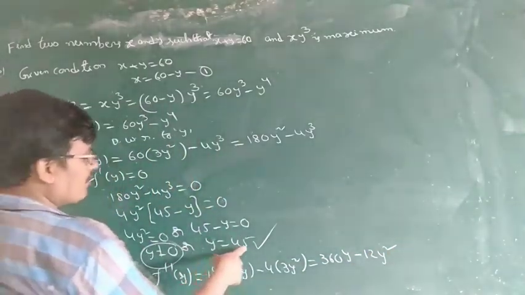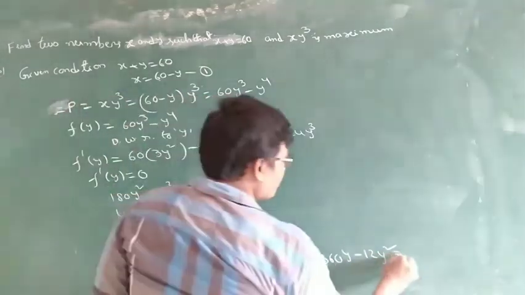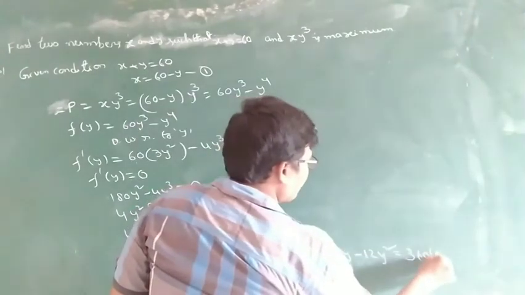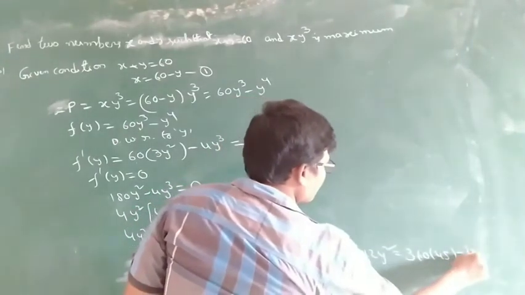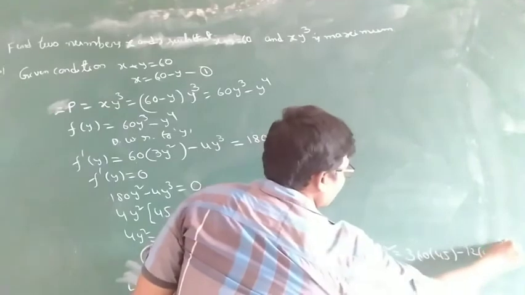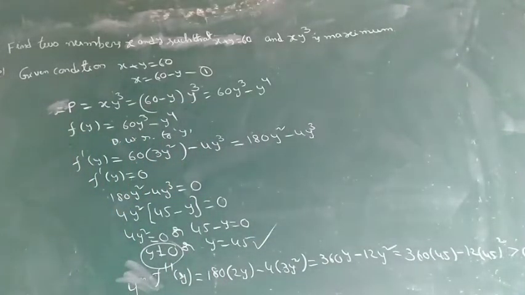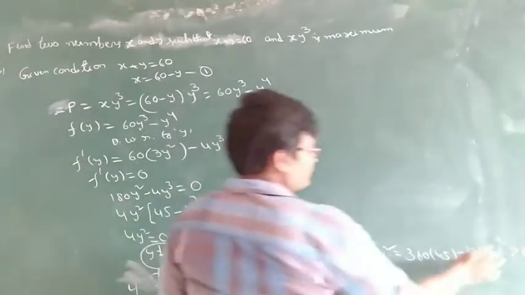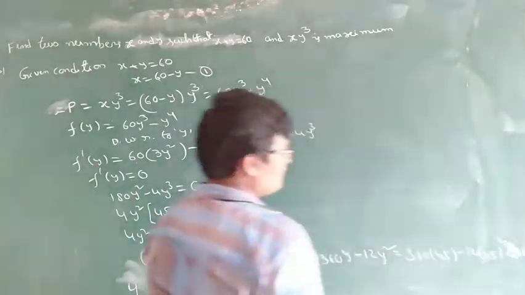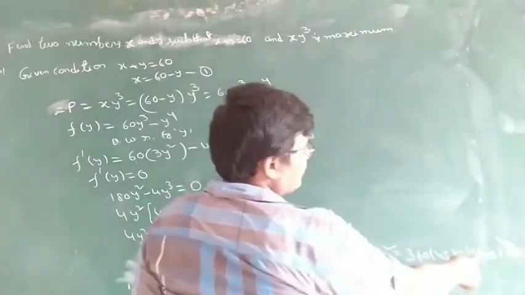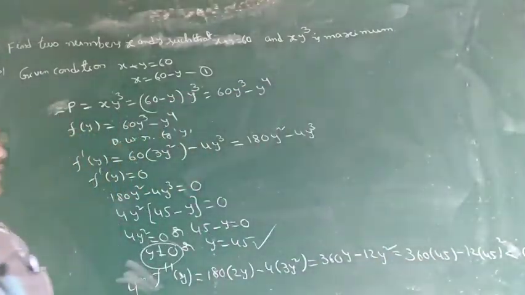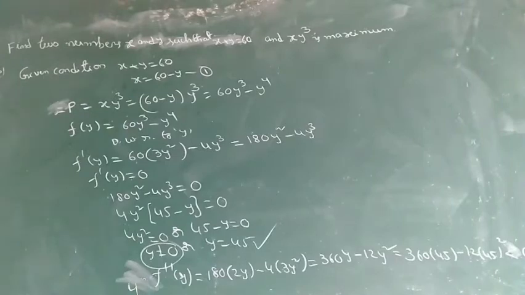At y is equal to 45: 360 into 45 minus 12 into 45 whole square. This is a negative value, less than 0.